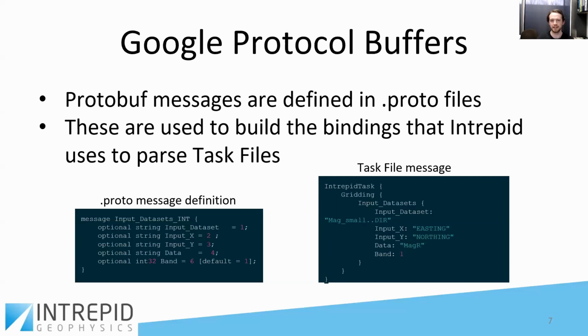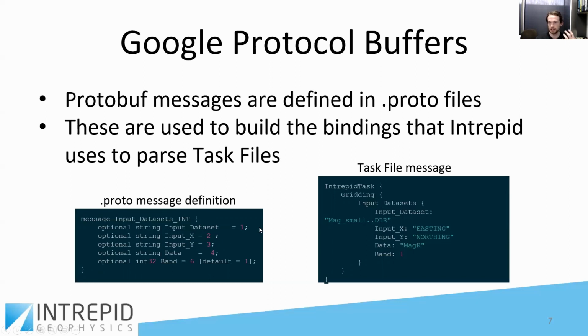So when I was mentioning the definitions, basically we have these .proto files, and we ship these with Intrepid. And these go through all of the member variables that are in each task file message. And this is just a declaration of all the parameters that we want to have available in a certain message.